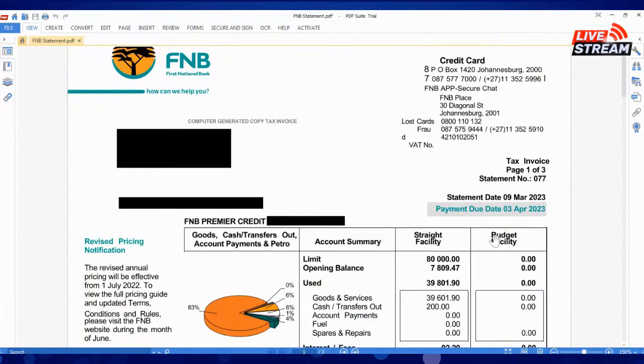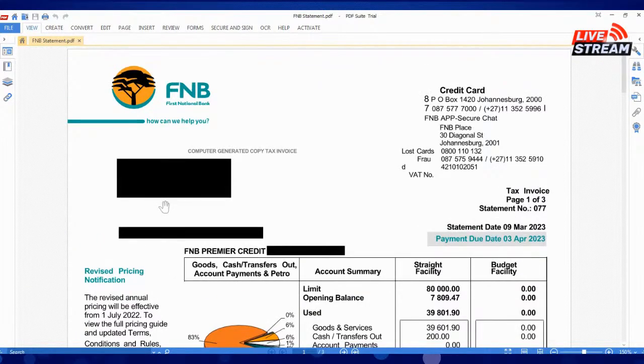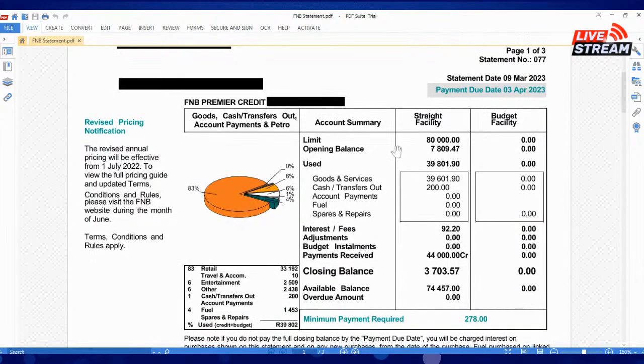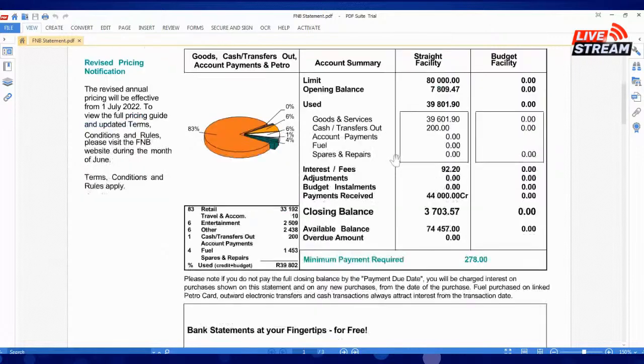So insist on the original one, or if it's one that has been printed out, you want the banking stamp on there as well. So this is just what a normal banking statement looks like. Like I said, it's a credit card. This person submitted the credit card as proof of his income and expenses.